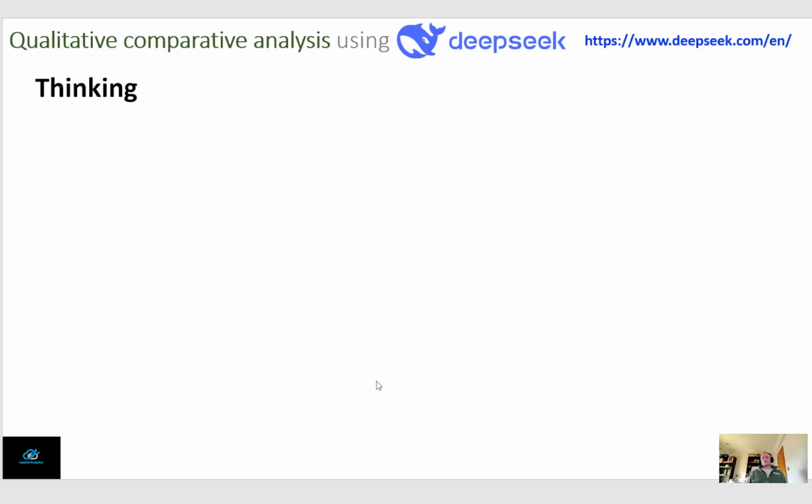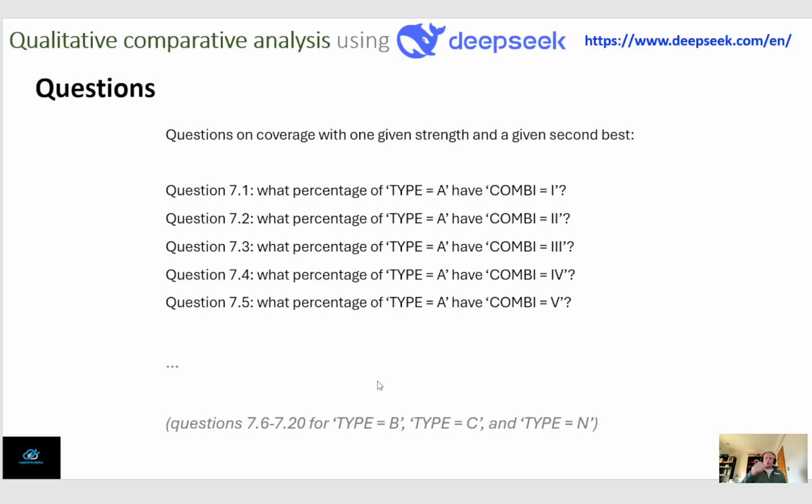Now, basically, I gave all this to DeepSeek, so that is context, data, and a total of 52 questions. I mention that explicitly because sometimes I hear people say that they thought they needed to ask DeepSeek question by question.